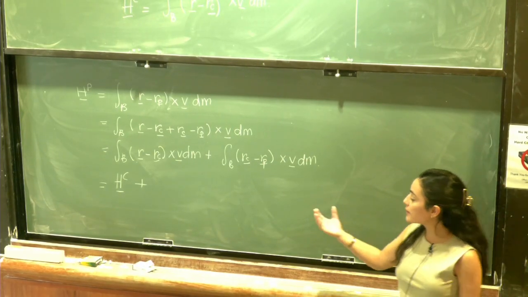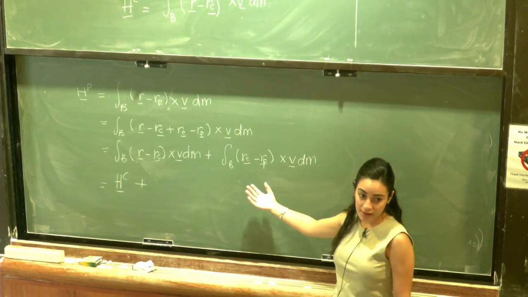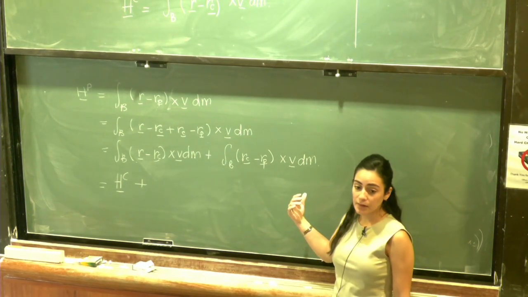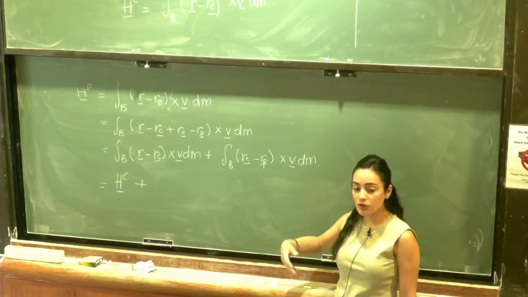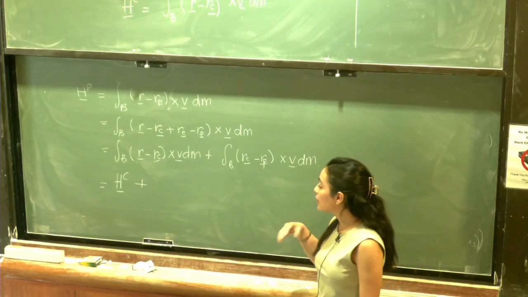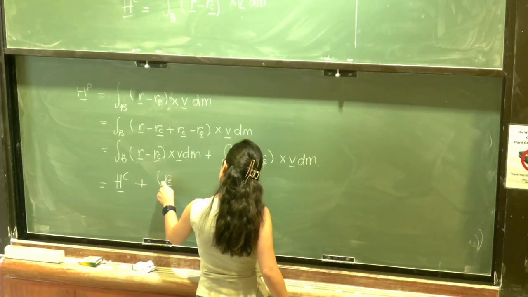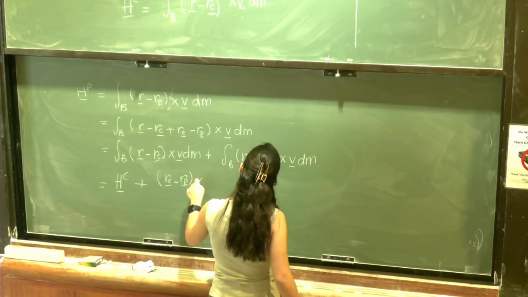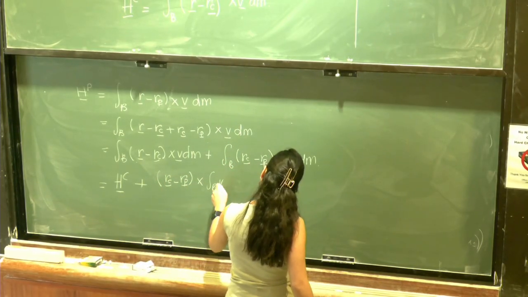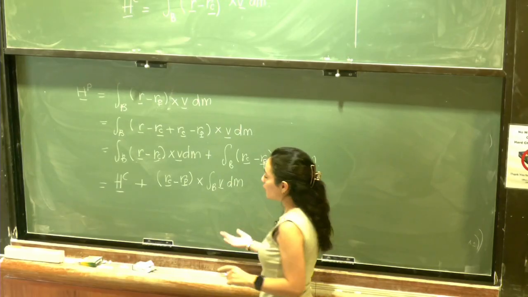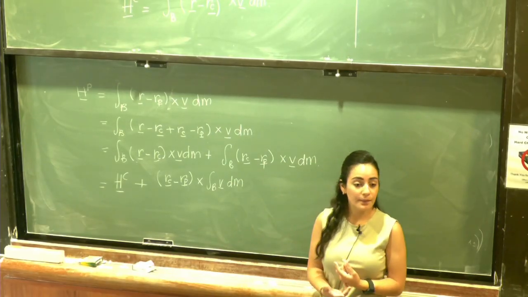So this RC minus RP, does it depend on dm? No, right? C and P, their locations do not depend on the particular dm I'm considering. So I can take this term outside the integral, RC minus RP crossed with the integral over the body of V dm. What is the integral over the body of V dm?